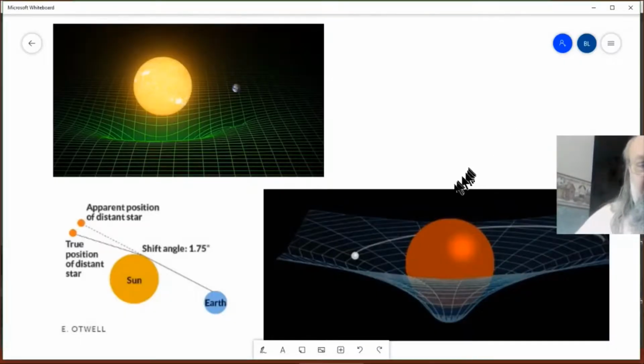Let me move my picture up out of the way. So I had a video of this, and I can't find it, so I just got a photo. But what happens is, you see, something can circle around because of this bent space, and this model then explains the same thing that Newton's model did.